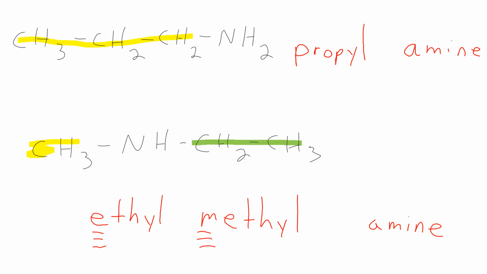Something you want to look at for these structures, look at the nitrogen. Count the bonds that you have to that nitrogen. You're going to see each of the nitrogens that are up there have 3 bonds. Remember that usually we associate nitrogen as having 3 bonds in our organic structures. These both have those 3 bonds.